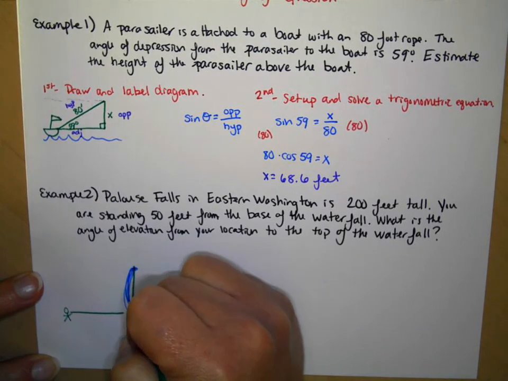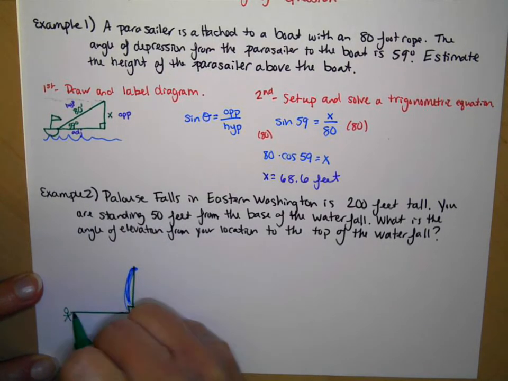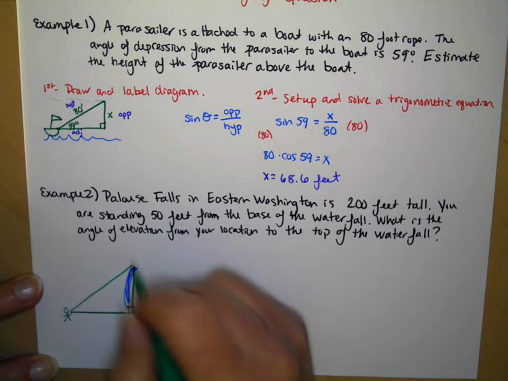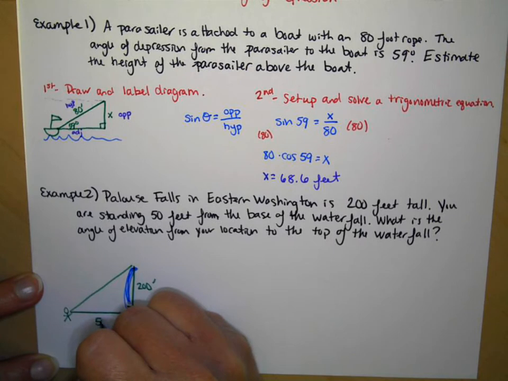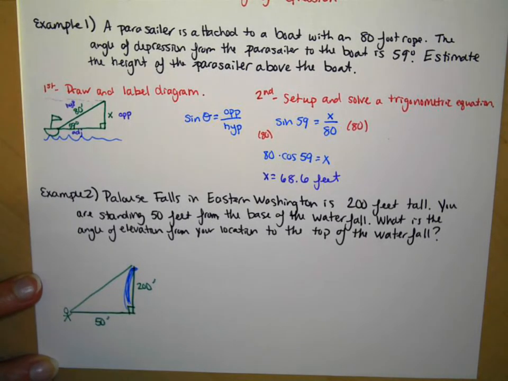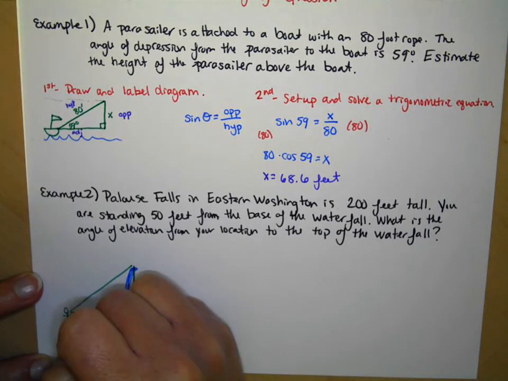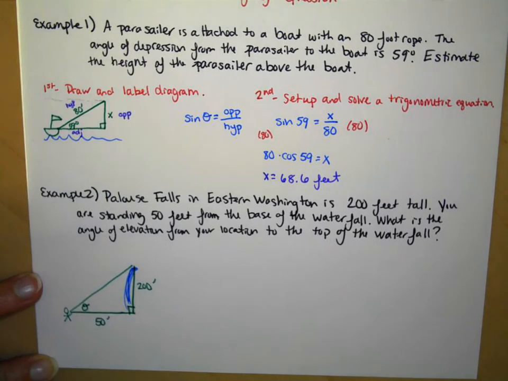I'm going to go with it anyways. So we know our waterfall is 200 feet tall, and that we're 50 feet away from the base of the waterfall. And our goal is to figure out the angle of elevation. So the angle is made with the horizontal side, so this angle right here.